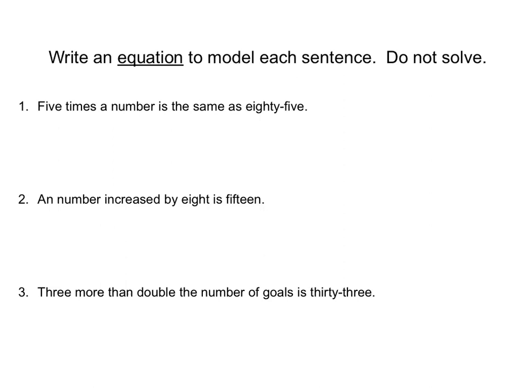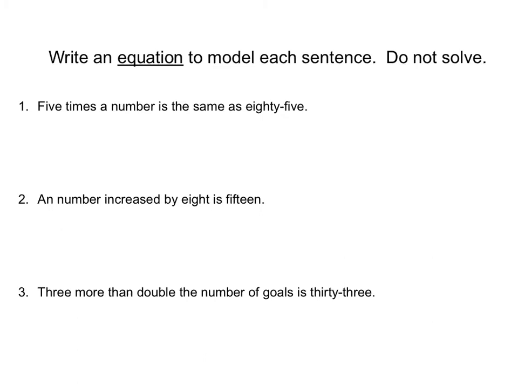Now that we looked at the basics, let's look at writing equations to model sentences. We aren't going to solve these, we're just going to focus on writing the equation. 5 times a number is the same as 85. So there will be a word or words within the sentence that are going to imply that an equation would be used.